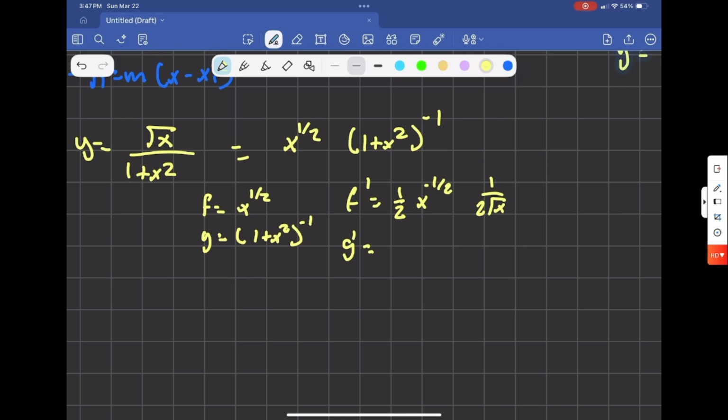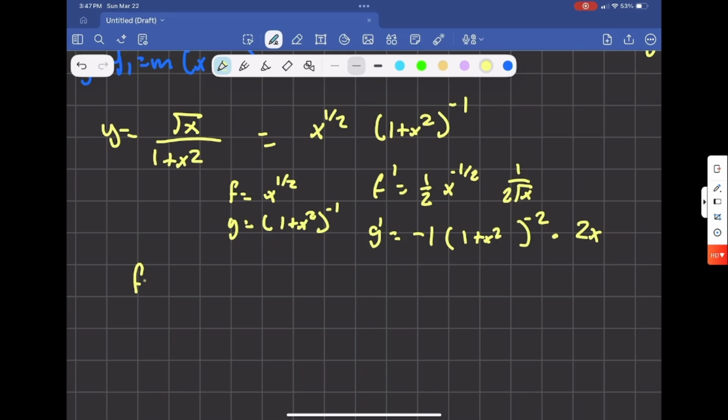My g prime is going to be a chain rule, and hopefully you guys know chain rule. It's going to be -1 with your same inside, to the -2, times the derivative of your inside.